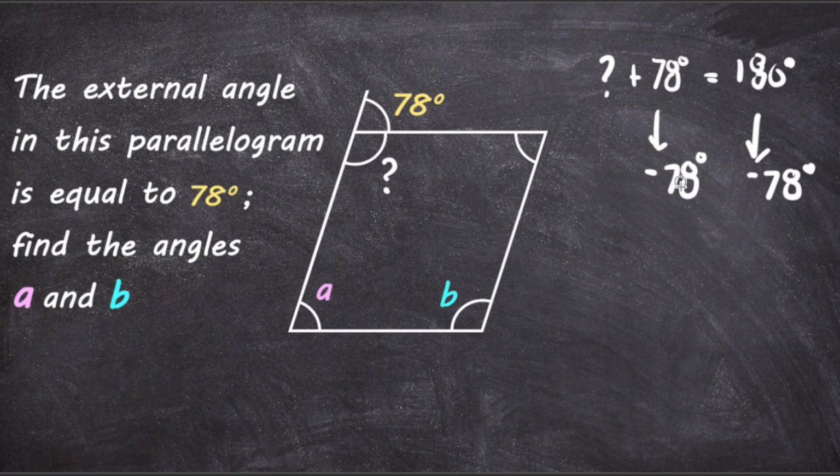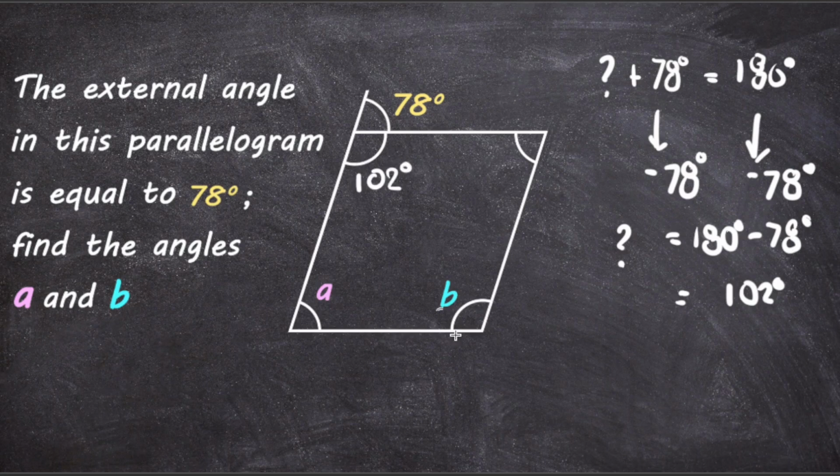The 78s cancel, and then minus 78 will be on the right hand side of the equation. So that would mean that the unknown angle equals 180 degrees minus 78 degrees. And that is 102 degrees. So let's change that. Because this is 102 degrees, that must mean the opposite angle, B, equals 102 degrees.